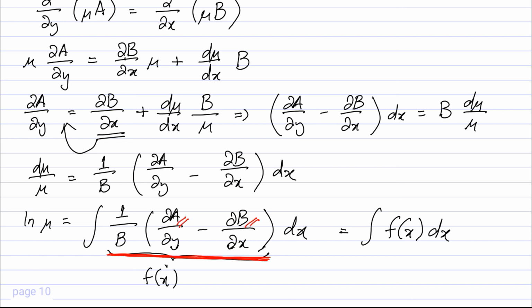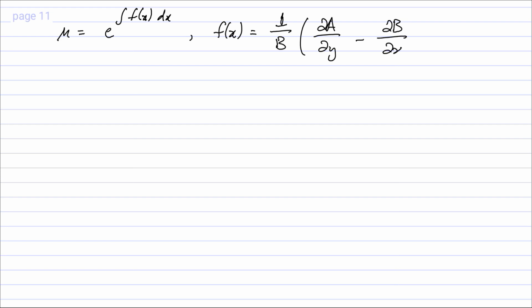So it might turn out that when I do this whole calculation, f of x may not be a function of x alone, it can also depend on y. Then I have to go back, and my initial assumption turns out to be not justified, so mu is not a function of x alone. But let's see. Let's see what happens with the differential equation that we are dealing with.